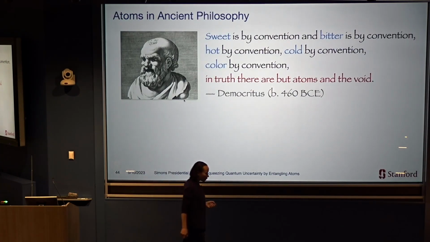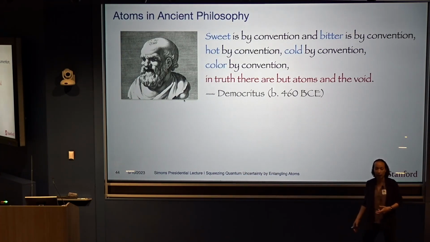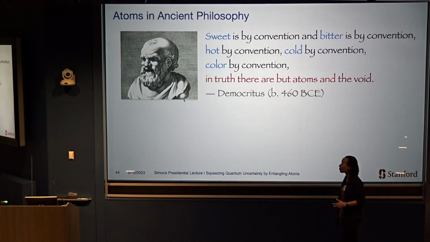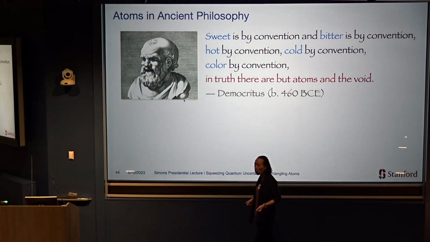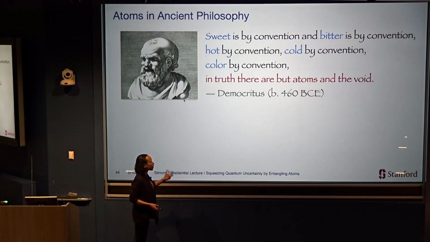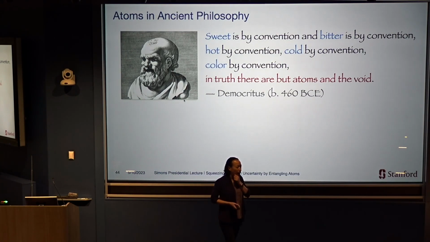And so I'm going to appeal to a philosopher I like because he's the father of the atom. This is Democritus, who I found this wonderful quote where he says, sweet is by convention, bitter is by convention, hot and cold, color is by convention. And he says, in truth, there are but atoms and the void. OK, what does he mean by that?